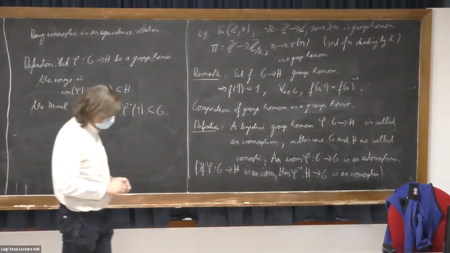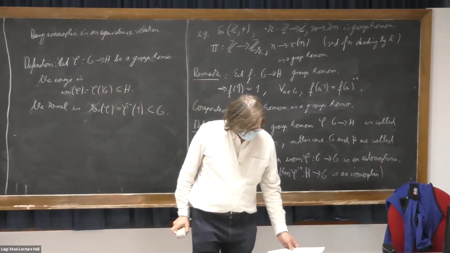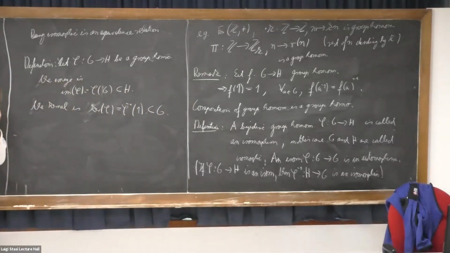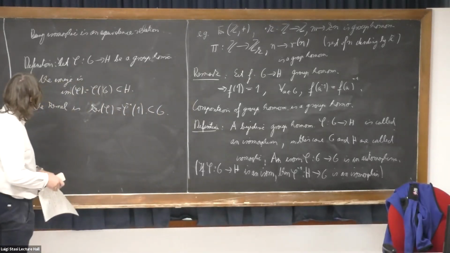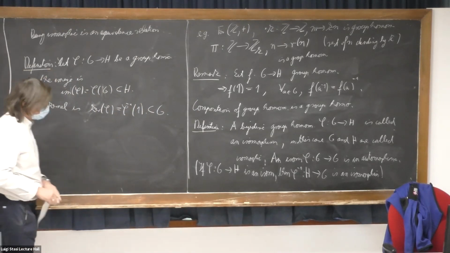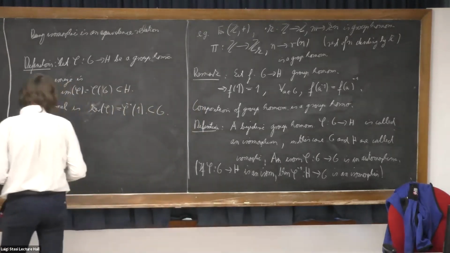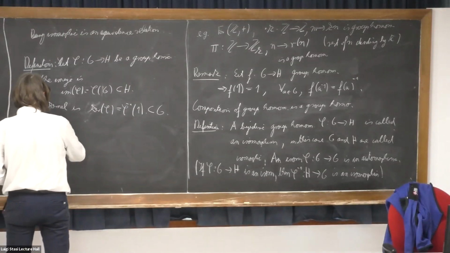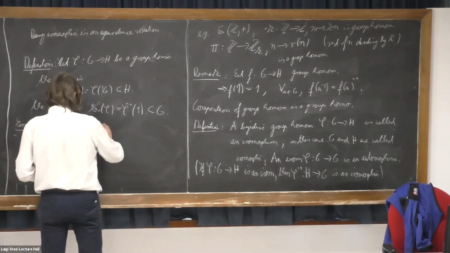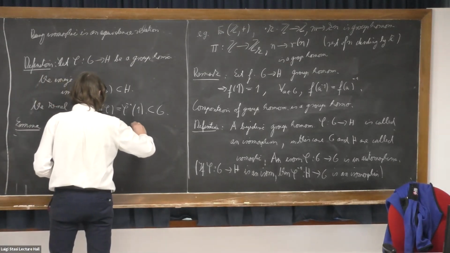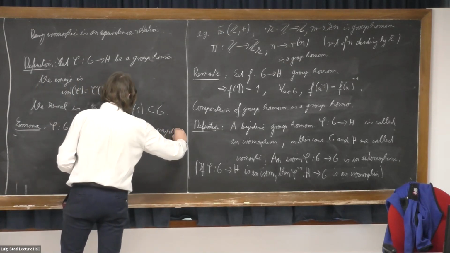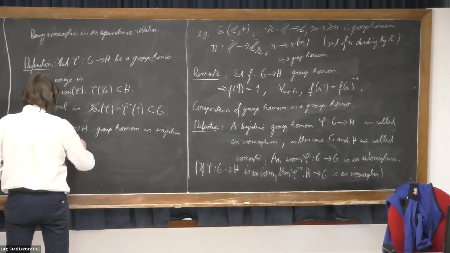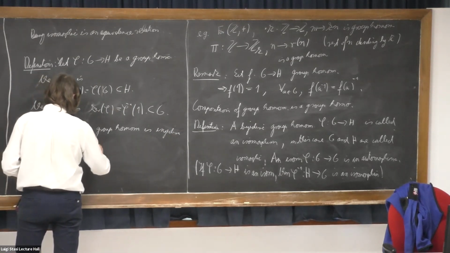And now there are two things. The first remark is that, like in linear algebra, a homomorphism of groups is injective if and only if the kernel consists only of the neutral element. So a homomorphism F is injective if and only if the kernel of F is equal to the neutral element.